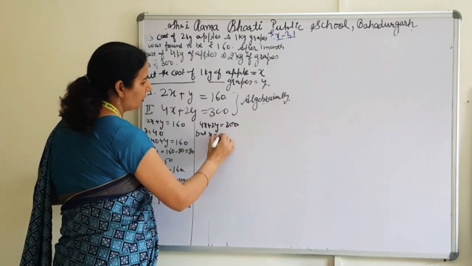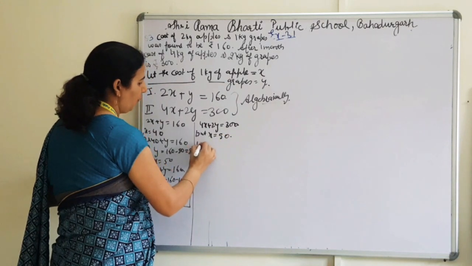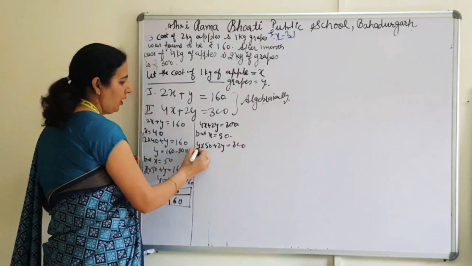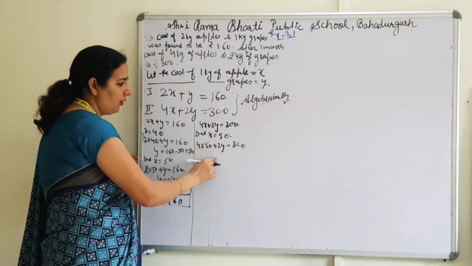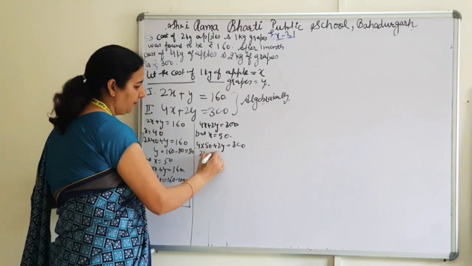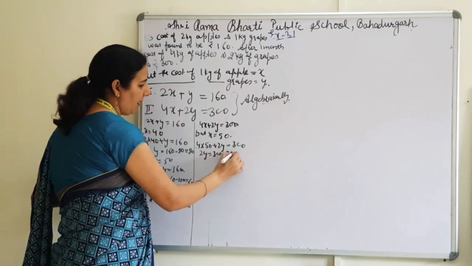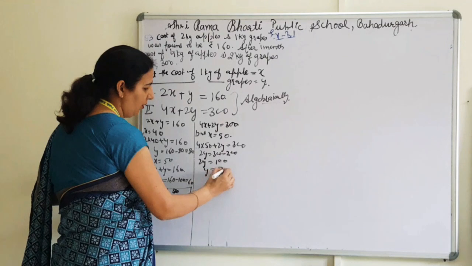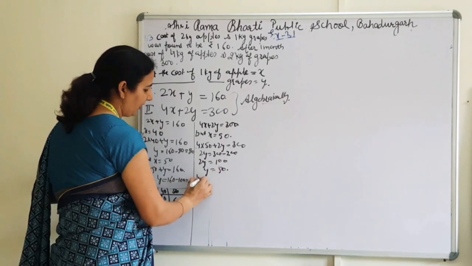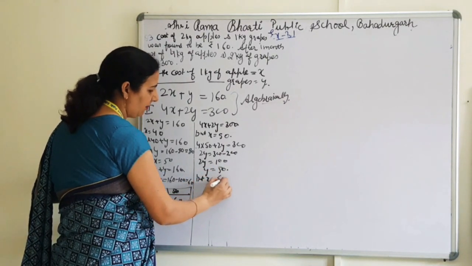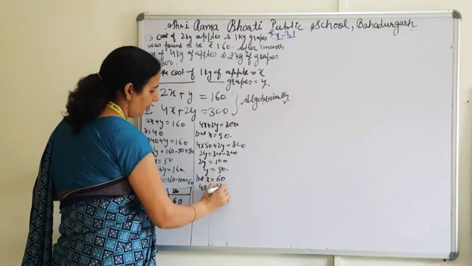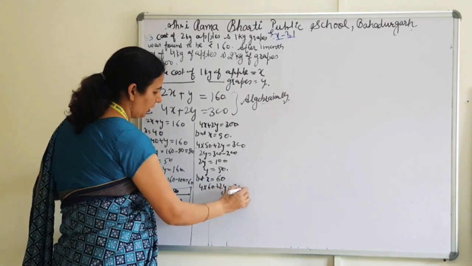Now for the second equation, put x equal to 50. Then 4 into 50 plus 2y is equal to 300. 4 into 50 is 200, so 300 minus 200, then it will be 100. So y is equal to 50. Put x equal to 60; I am just taking any number, you can take other than this also. 4 into 60 plus 2y is equal to 300.